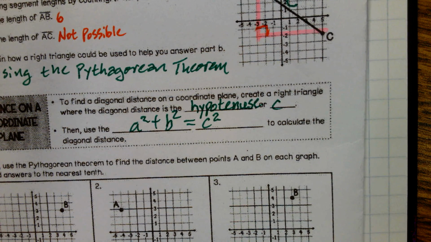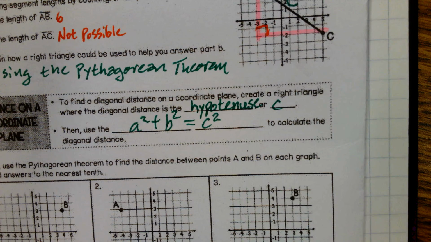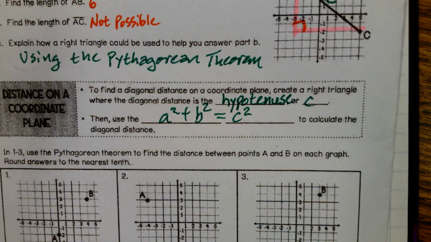To calculate the diagonal distance. Okay. So that's basically what we're going to do. We're going to take our knowledge of the Pythagorean theorem, finding missing sides of right triangles, and we're going to find distances on a coordinate plane.